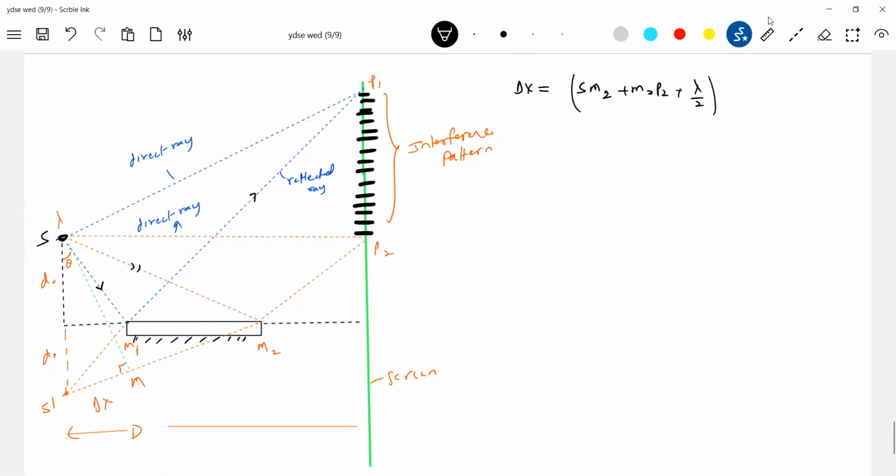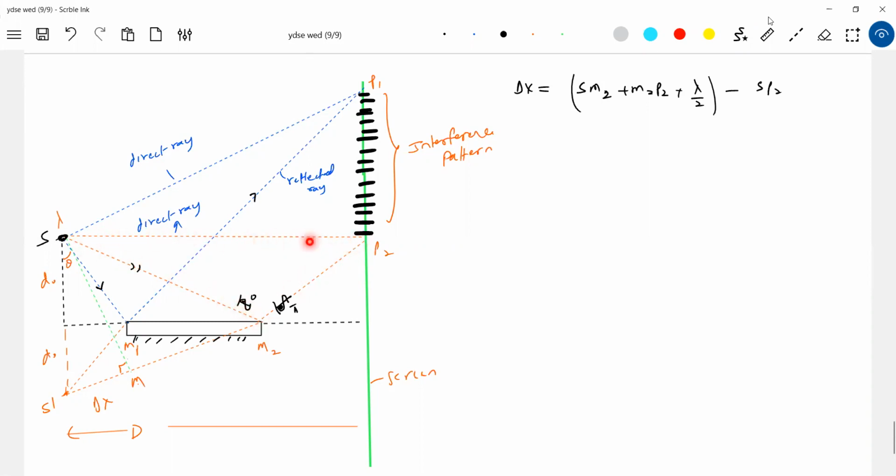So what happens if the ray comes with a phase angle like this? After reflection, a phase angle of pi should be introduced. This is minus SP2. I'm comparing these two rays, one direct ray and another the reflected ray.